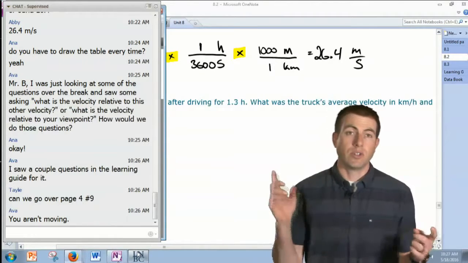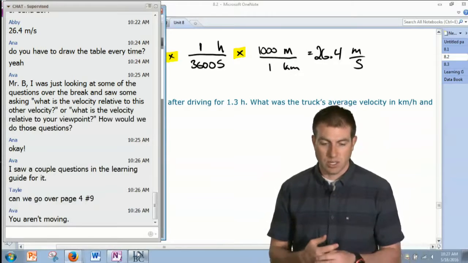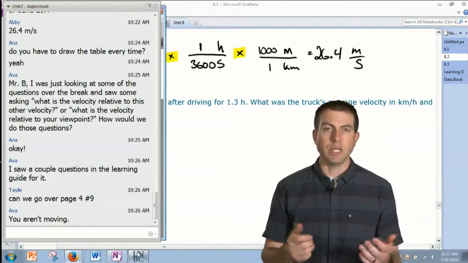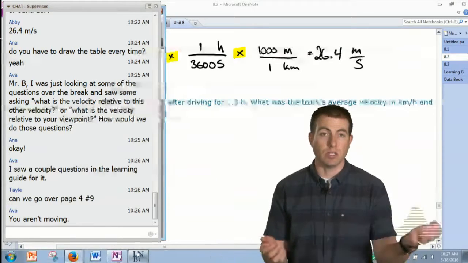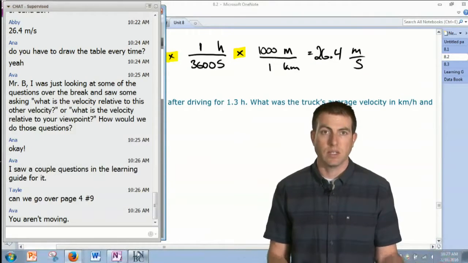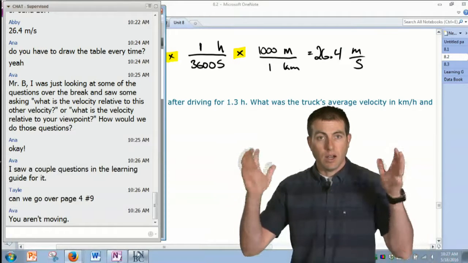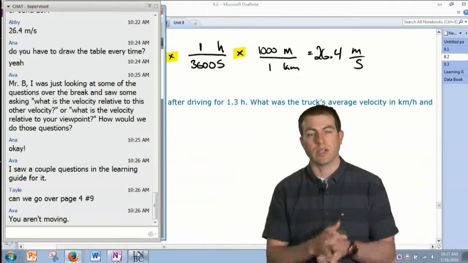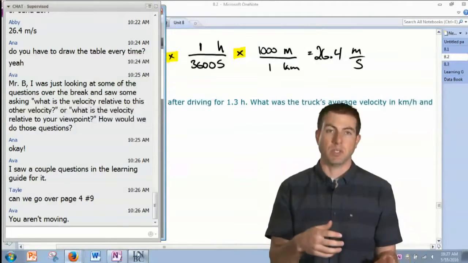Earth's also revolving around the sun. So I'm actually traveling several thousand kilometers every few minutes. So if I ask my velocity relative to the sun, well, I'm going really fast, zipping around the sun. Our point in the Milky Way galaxy, our solar system's moving, so I could talk about our velocity with respect to the Milky Way galaxy.